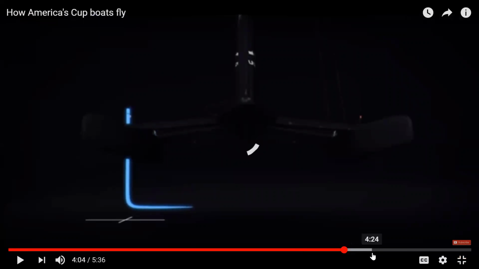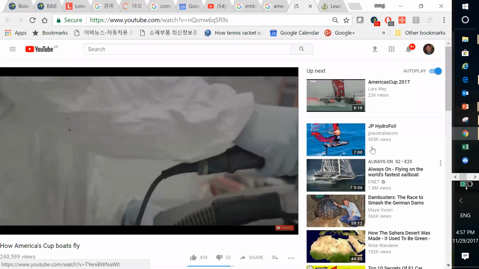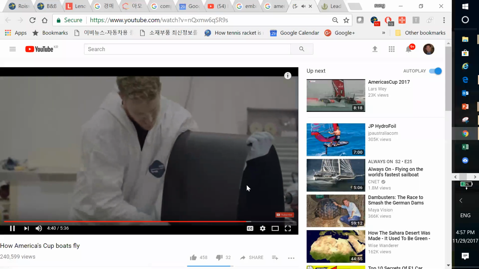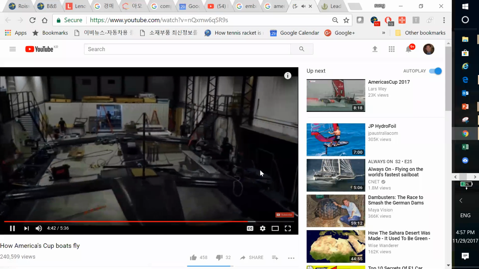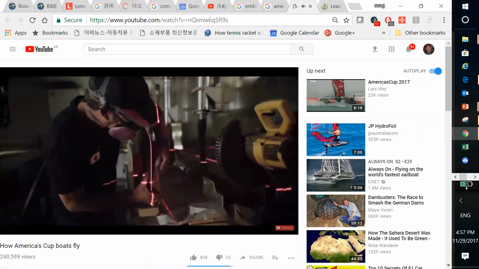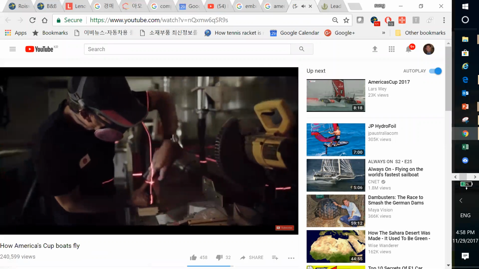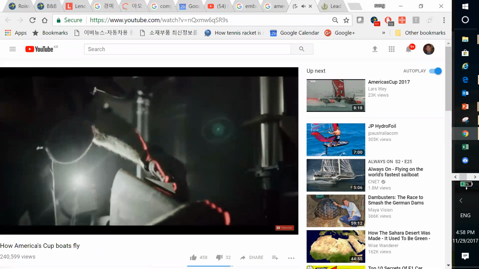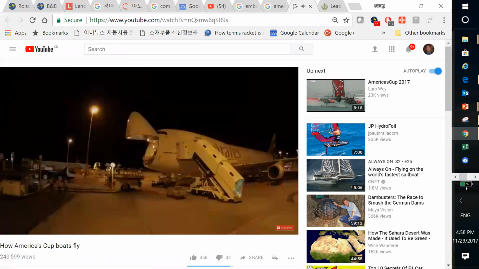So anyhow, it's very interesting in terms of design, especially this yacht. 이게 바로 뭐예요? It's a carbon composite. Almost 99% of all the structures made of carbon fibers is called composites.